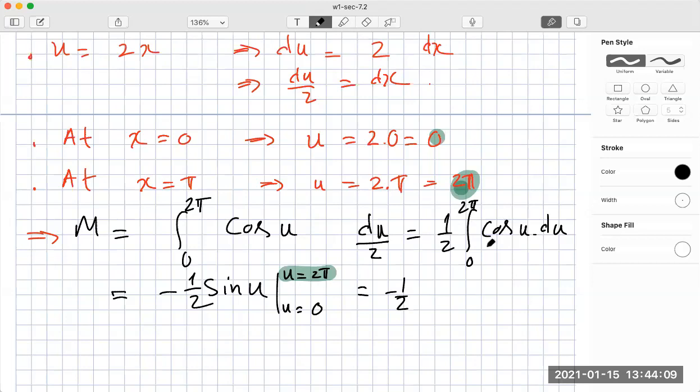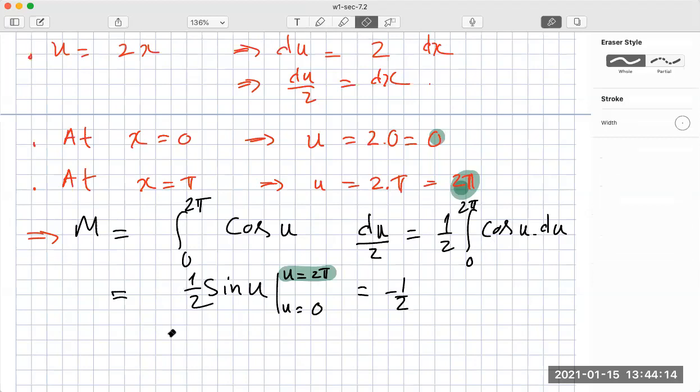Oh, sorry. Thank you, Alex. Good catch. The derivative of sine gives us cosine, yeah, so the antiderivative of cosine is sine, not negative sine.